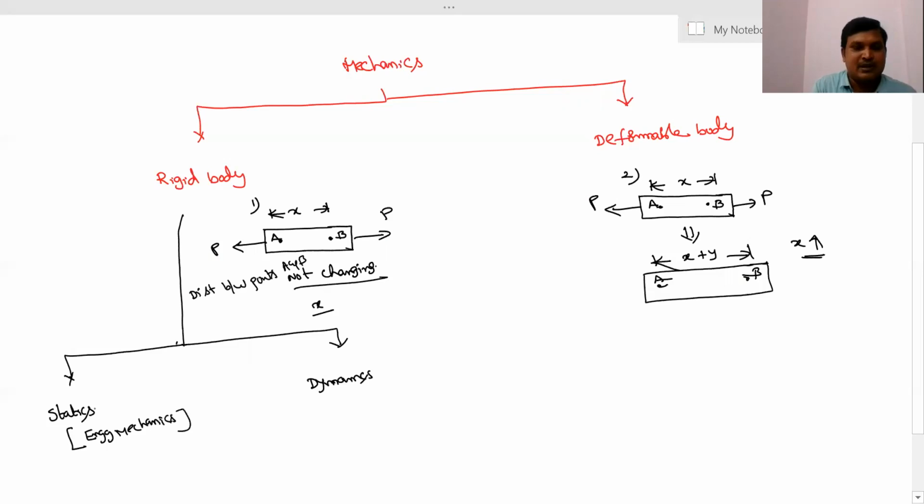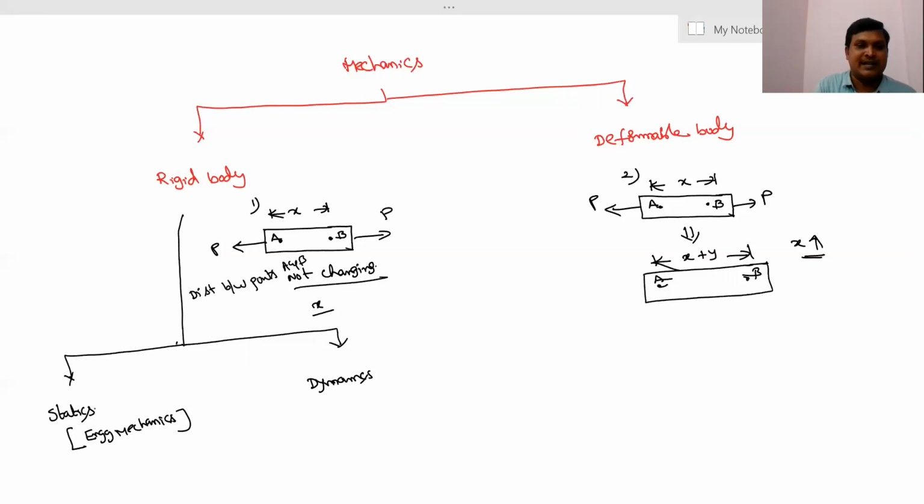Static condition means the body is under pure static, meaning even as time varies, the body stays in the same position. For example, if I'm applying a 10 kg load on the body, after some time it is still a 10 kg load.